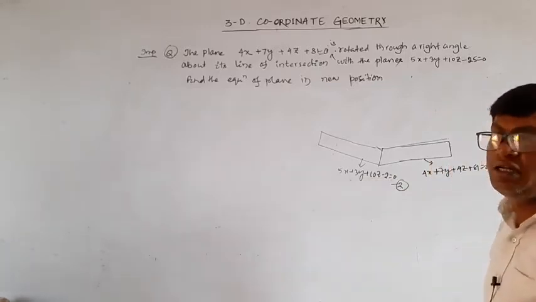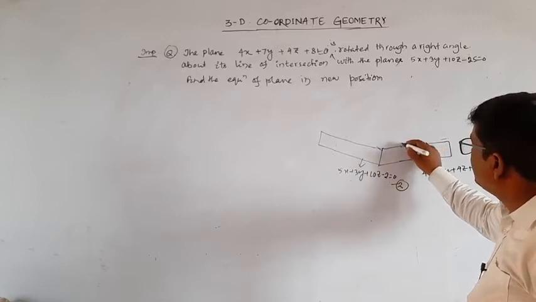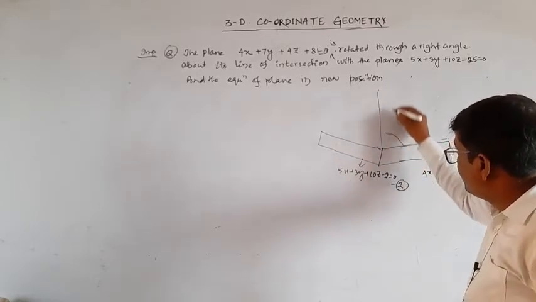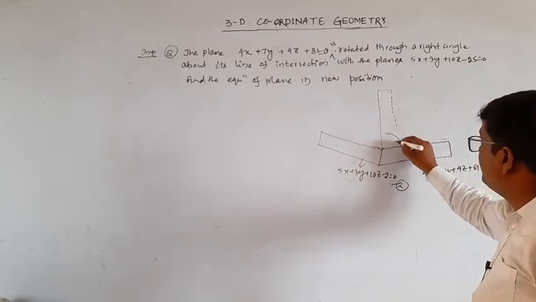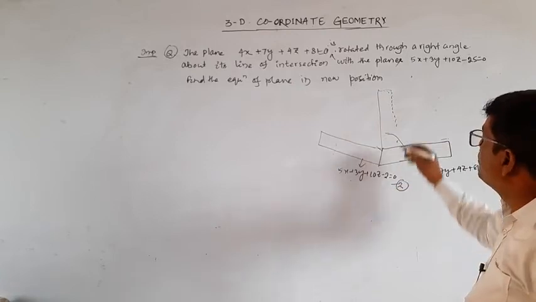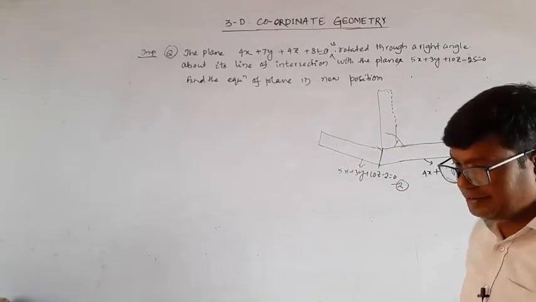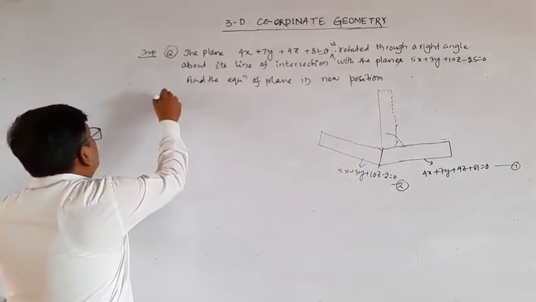Suppose equation 1 is rotated about the line of intersection by 90 degrees. This is the new position of plane 1. So this is the point of intersection of two lines. Now the given problem.